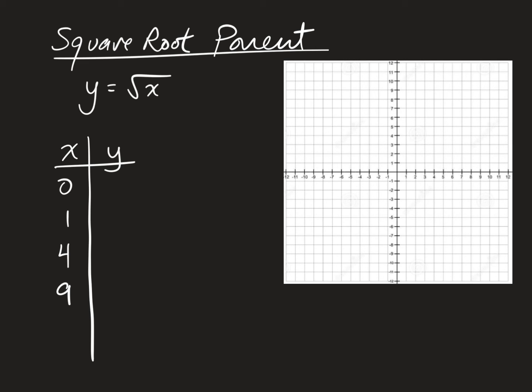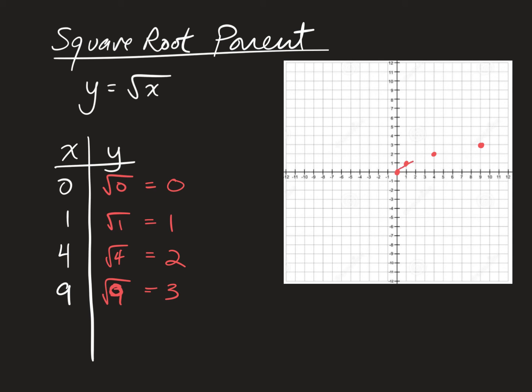So when you put 0 into the square root, you get 0. When you put 1 into the square root, you get 1. When you put 4 into the square root, you'll get 2. And when you put 9 into the square root, you'll get 3. So 0, 0, 1, 1, 4, 2, and 9, 3.